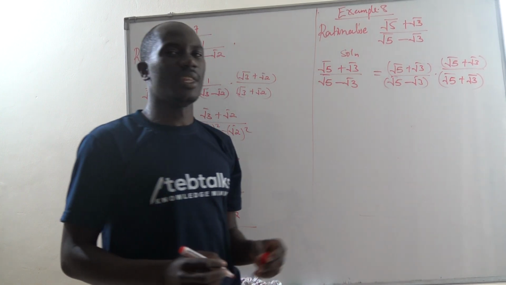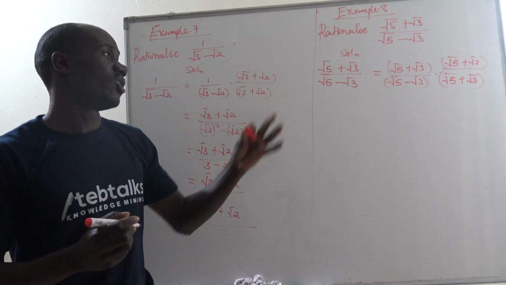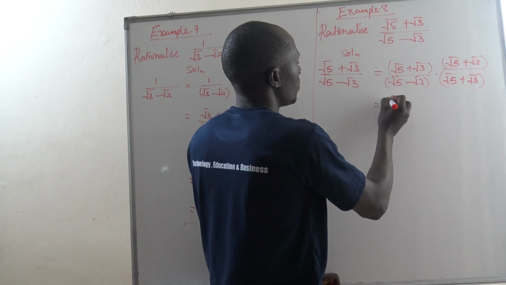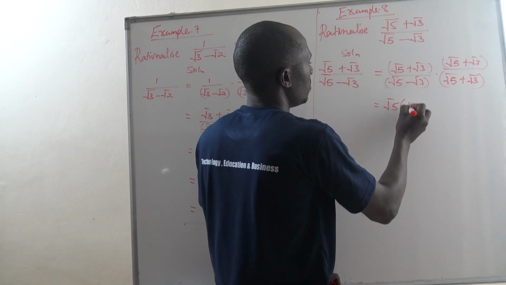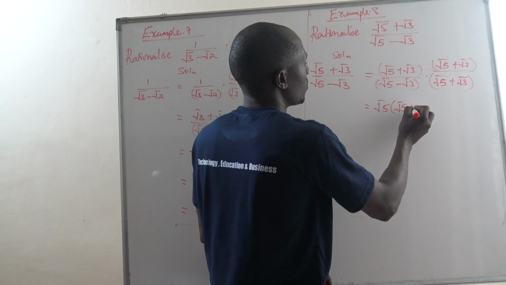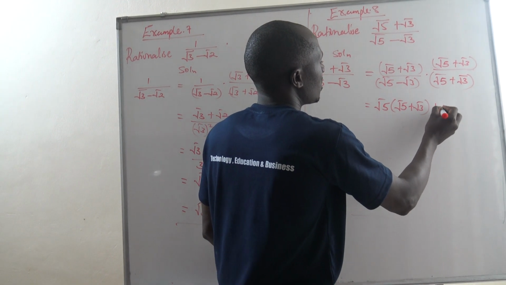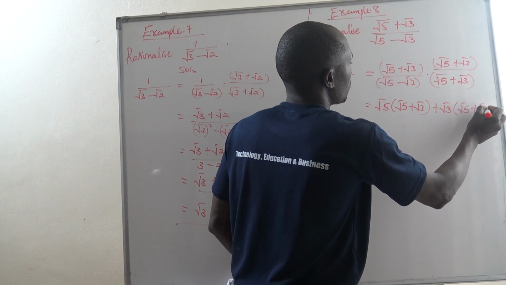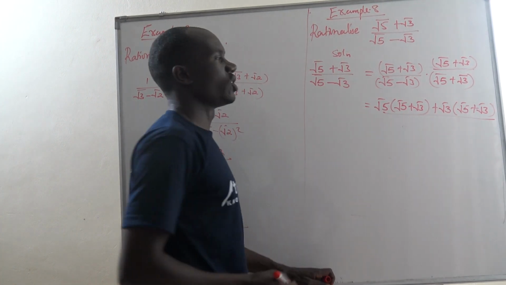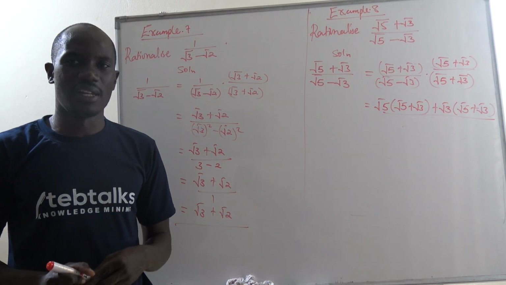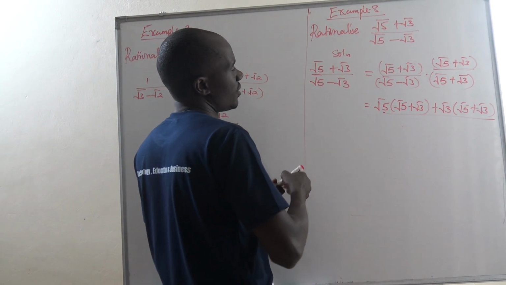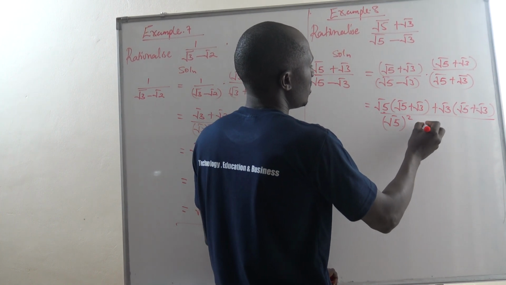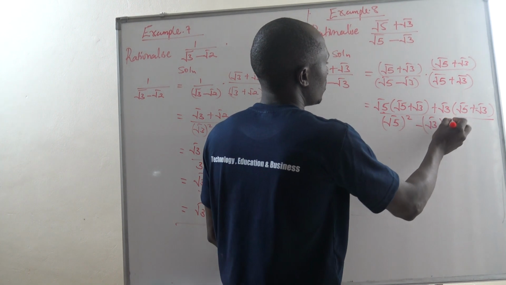So when we reach there, we use the layman's understanding to open up those surd numbers. So this one becomes root 5 into root 5 plus root 3, then plus root 3 into root 5 plus root 3 all over. This one is the difference of 2 squares, as we have already seen. This one becomes root 5 the whole of it squared minus root 3 the whole of it squared.